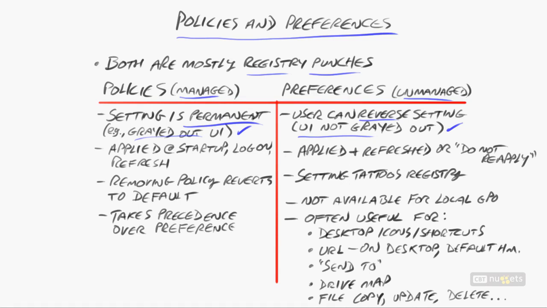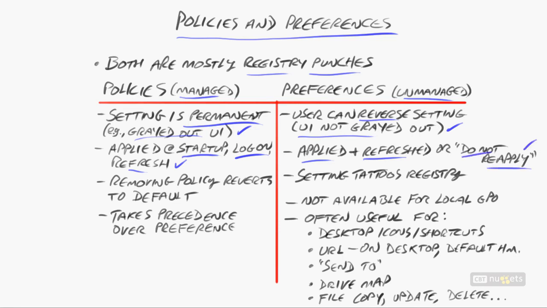Also, let's take a look at when policies are applied. They're applied at startup for the computer configuration policies, at log on for user, and then again, remember the refresh at 90 to 120 minutes. The preferences are applied in the same way, and they're also refreshed, but there is also an option on a common settings item to not reapply.